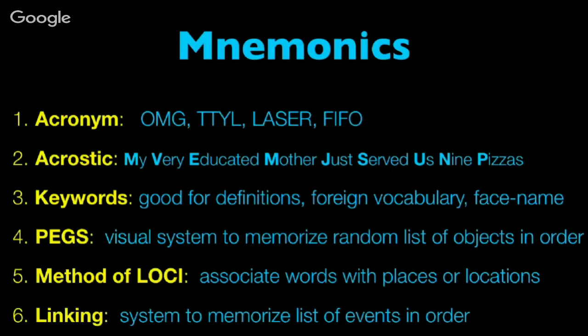If I had more time, I could give examples of all this stuff, but the point of this workshop is not to give you all these mnemonics. In a live workshop, this is the kind of thing that I can spend lots of time working with you on, giving lots of examples and actually trying this stuff out. So I decided to add a couple extra things for you regarding memory.